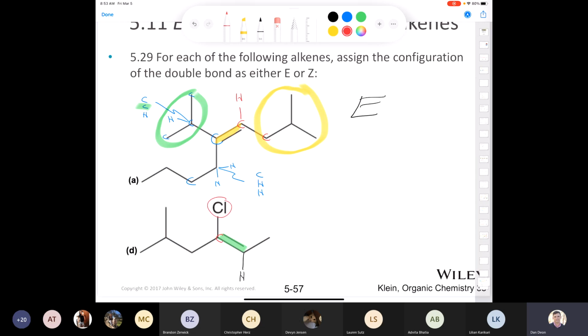It's attached to a chlorine and a carbon. Chlorine is obviously higher priority, so we'll circle that one. And the other carbon has a hydrogen, which is always the lowest priority, and a methyl group, which has a carbon directly attached to it. Since those are on the same side of the double bond, this is a Zusammen, or a Z alkene. All right.